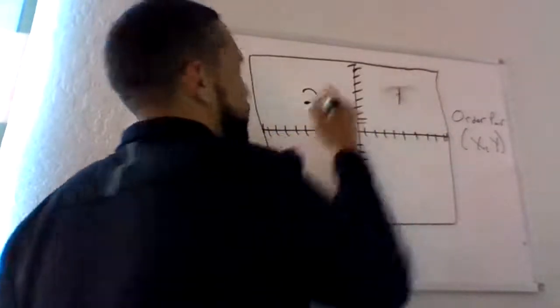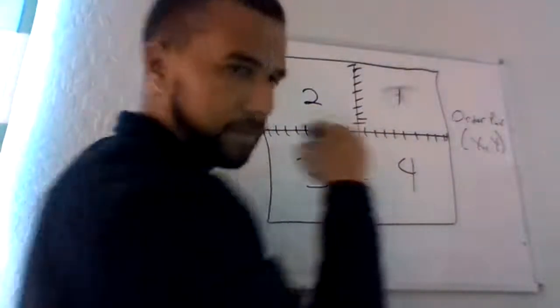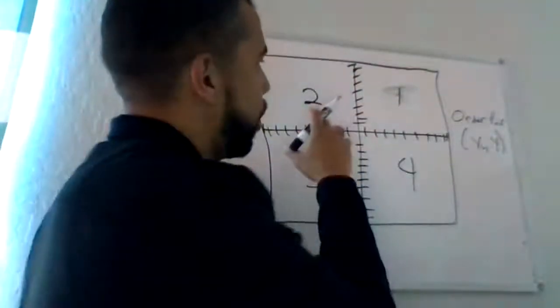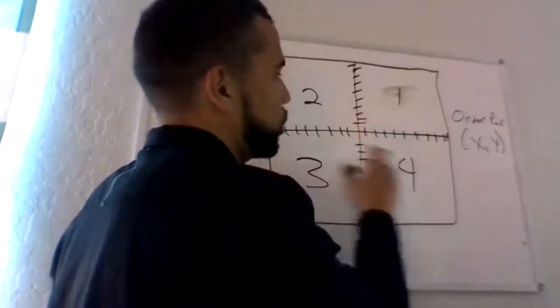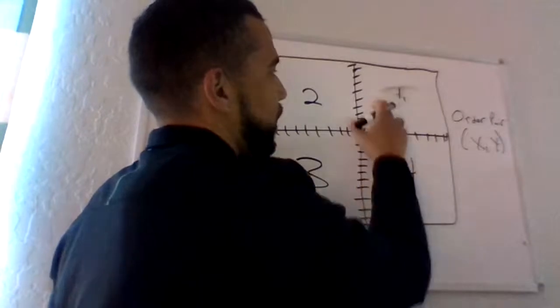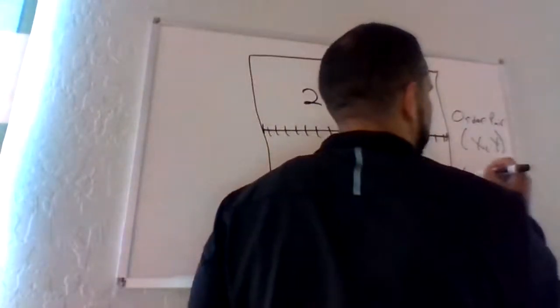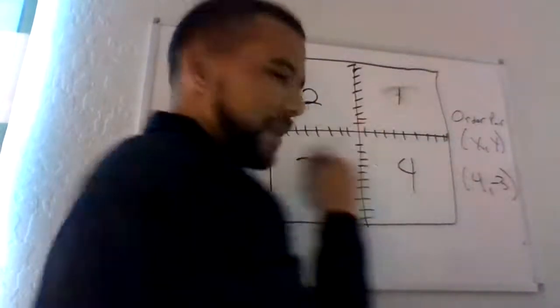Quadrant 1, 2, 3, and 4. You have to know the relationship that these quadrants have, right? So if I have the ordered pair of 4 and -3, which quadrant would that be in?